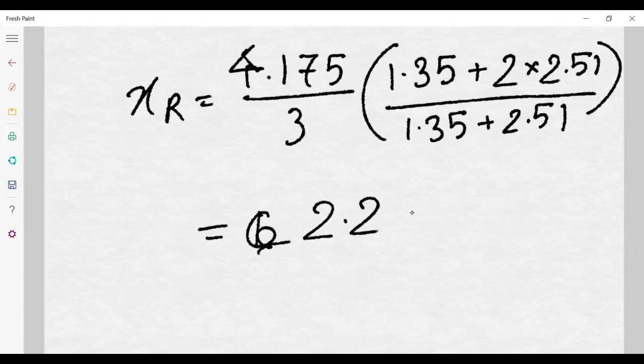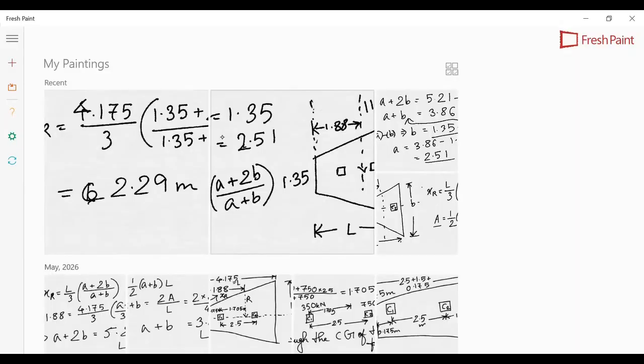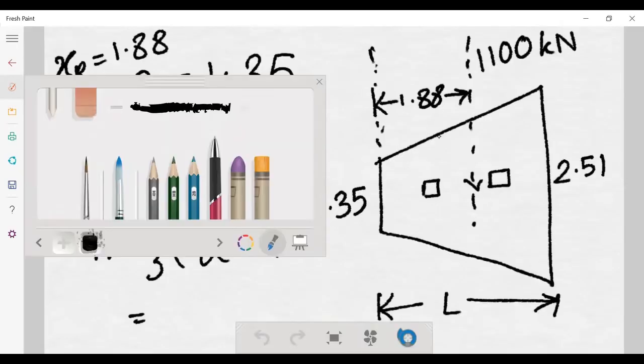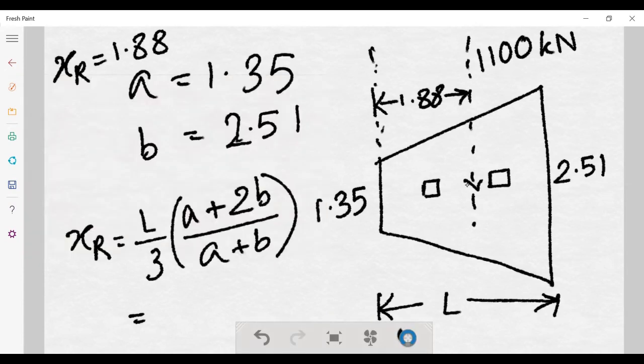So it is 2.29 meter. When we flip the values, the CZ actually falls somewhere around 2.29. That means this is around 1.9 and this is around 2.3.